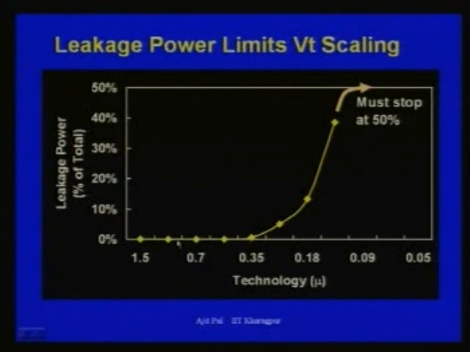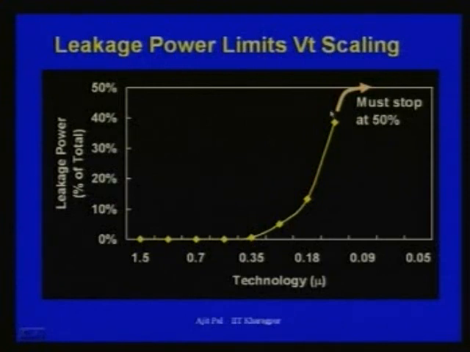Leakage power dissipation was almost insignificant, but it is growing exponentially as you are going beyond 0.35 micron. You can see here at this point, that is your 90 nanometer, the dynamic power and leakage power is more or less same. That means the leakage power is roughly 50%.